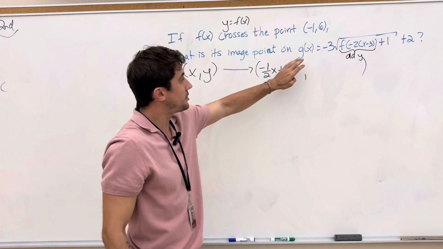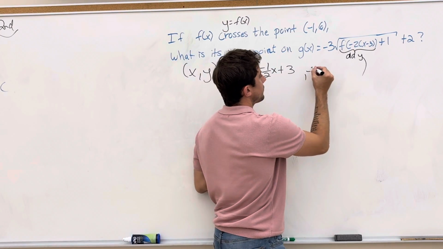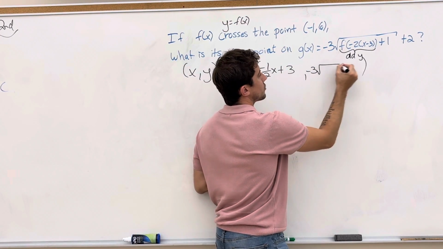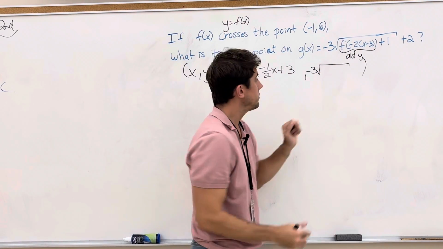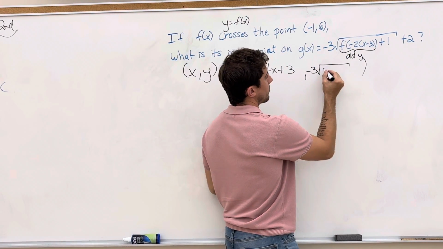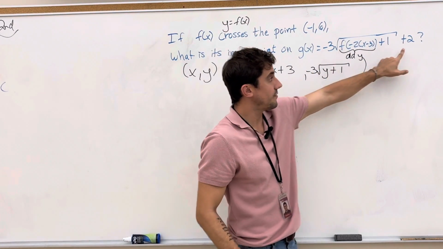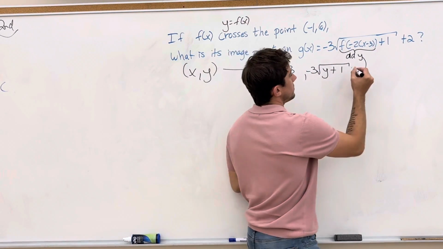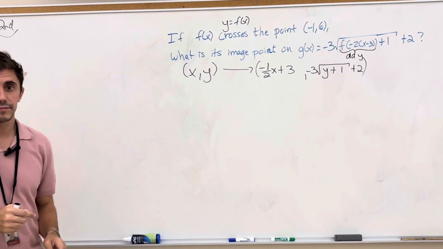And so g(x) is a transformation of -3 times the square root of the old y plus 1, so -3 times the square root of y + 1, and then outside of all of that, an additional plus 2 at the end. And that's our mapping rule.